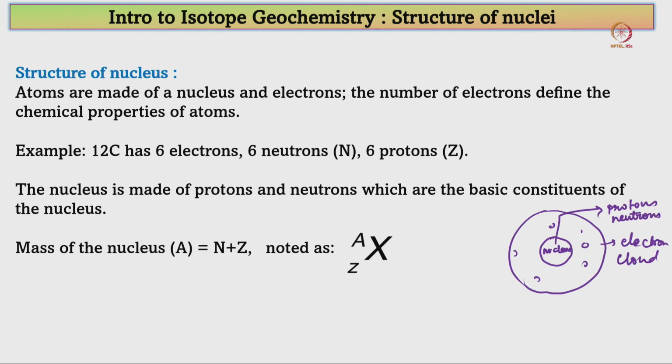Protons and neutrons are called the nucleons. In an atom we have a nucleus and the electrons, which form the electron cloud, where the electrons are constantly roaming around. Inside the nucleus we find the neutrons and the protons.